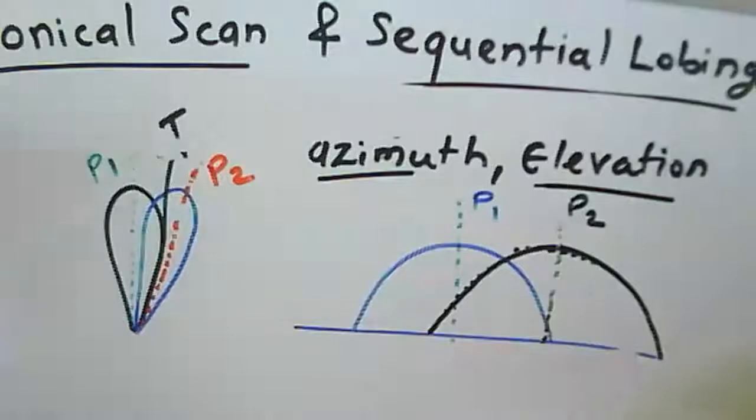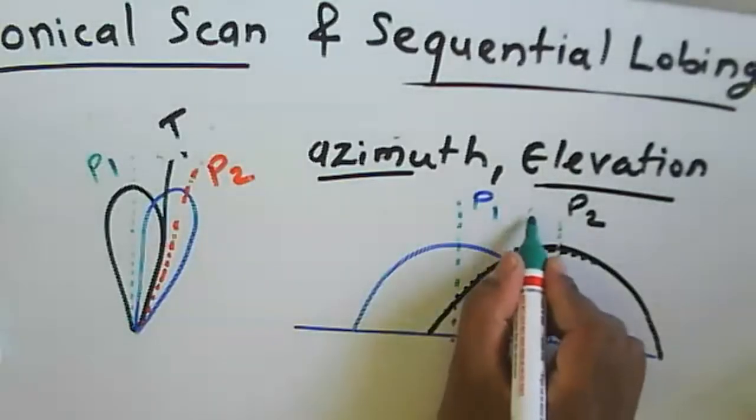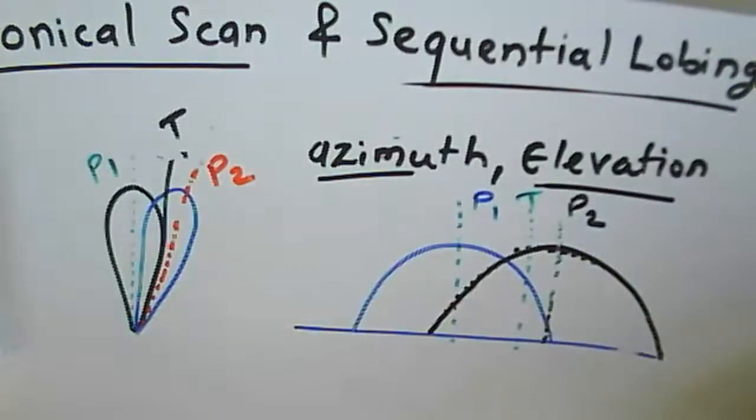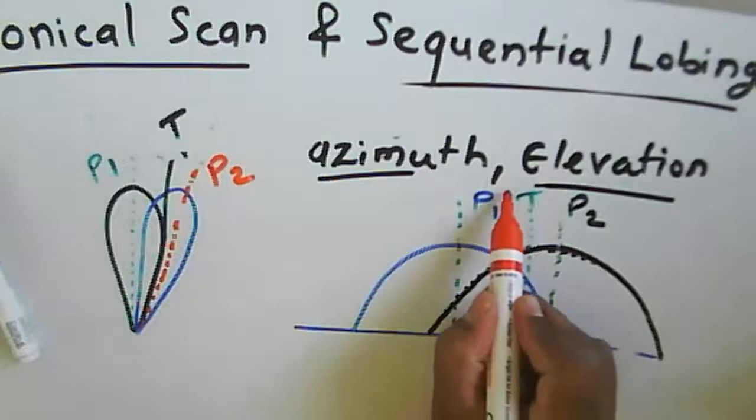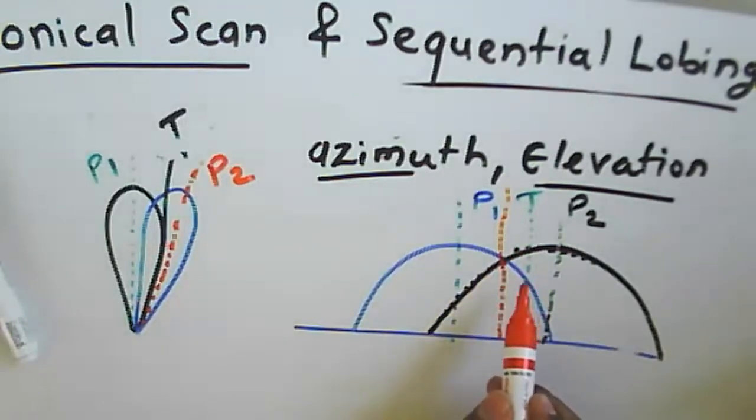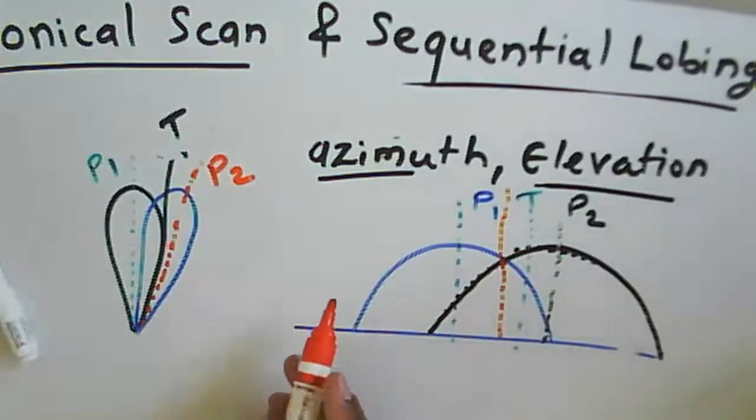So from this we can say that T is the target position, and this is the beam switching position. At this particular point the amplitude is different. This is the beam switching, that is the switching axis.